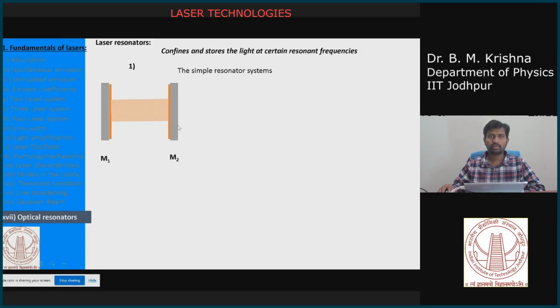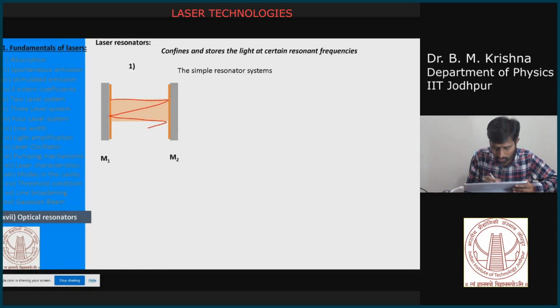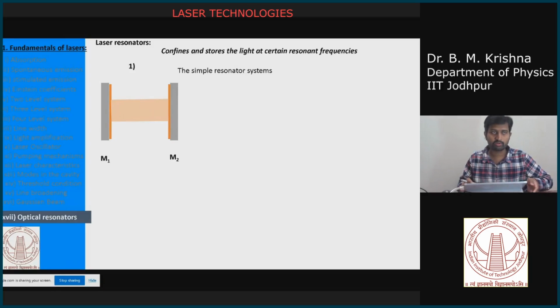If there is any misalignment in the angle, and the light comes with a slight incident angle, then it will escape. So you have to be careful that both mirrors are perpendicular to each other. The light should be incident perpendicularly so that it will oscillate within the cavity.